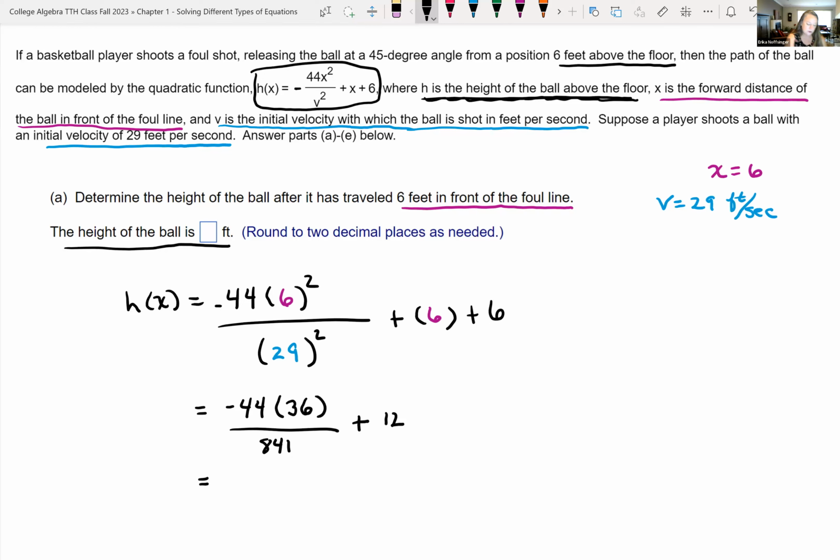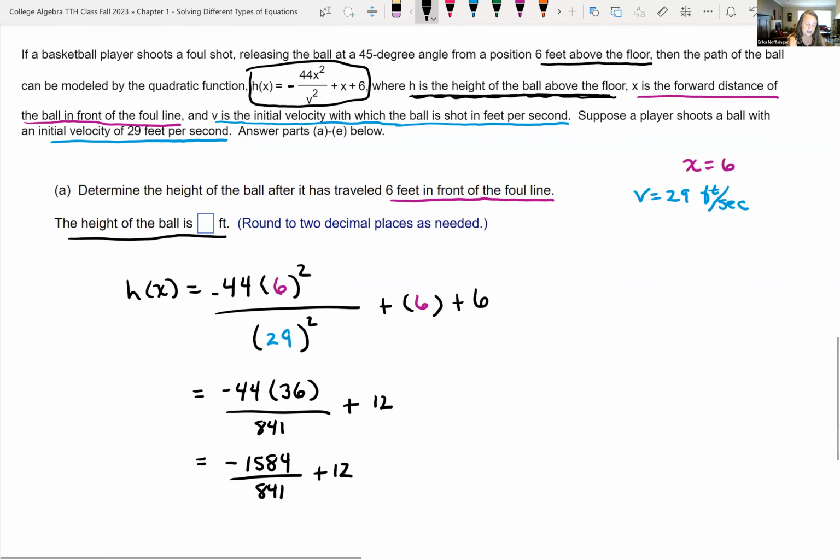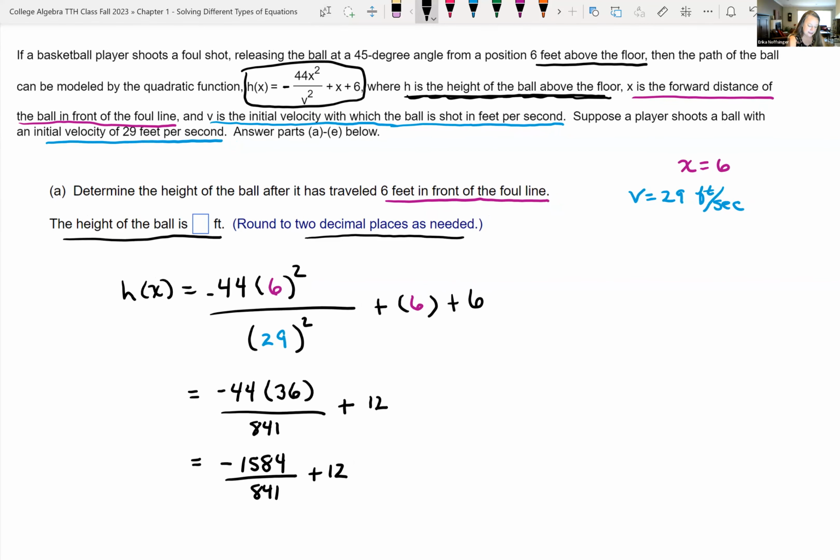So this is equal to negative 44 times 36, which gives us negative 1,584 divided by 841 plus 12. So I'm plugging that in the calculator and rounding to 2 decimal places as needed.